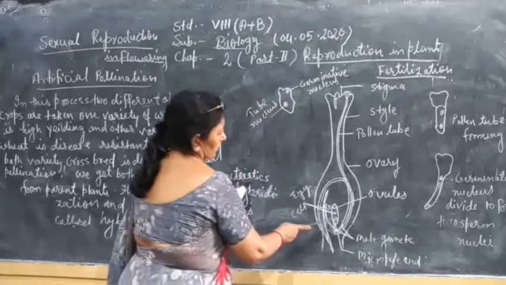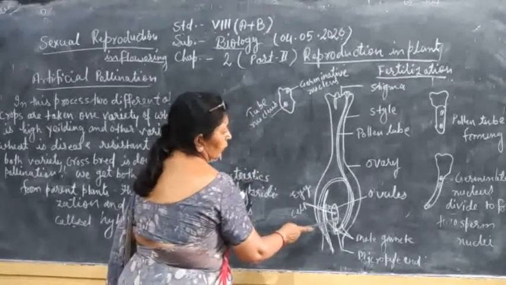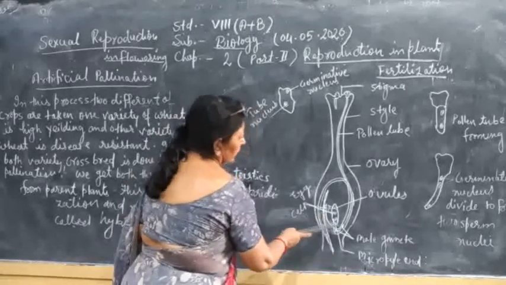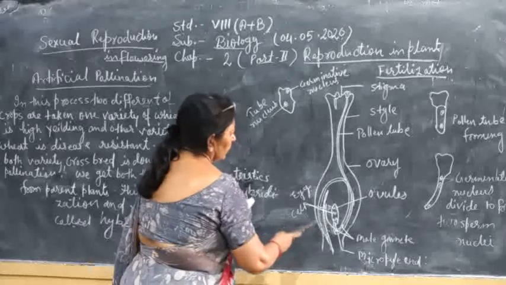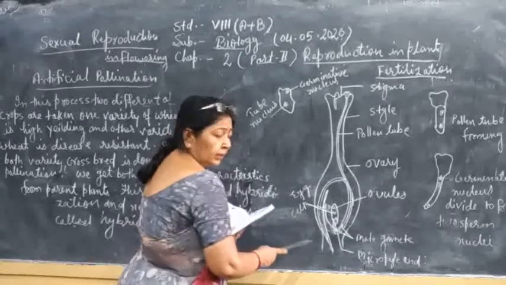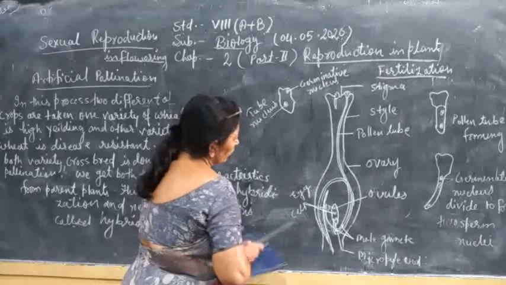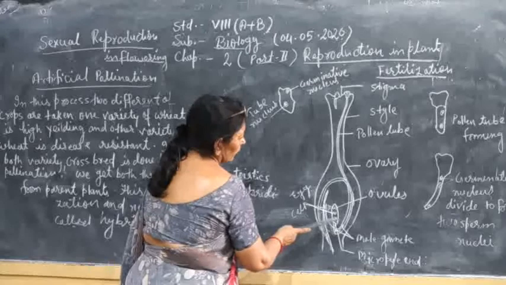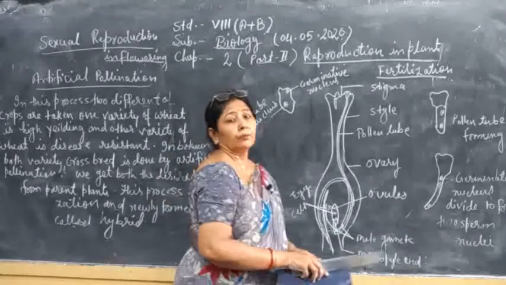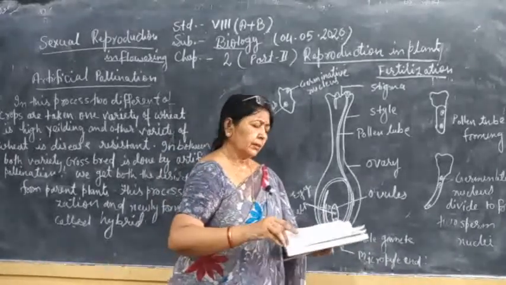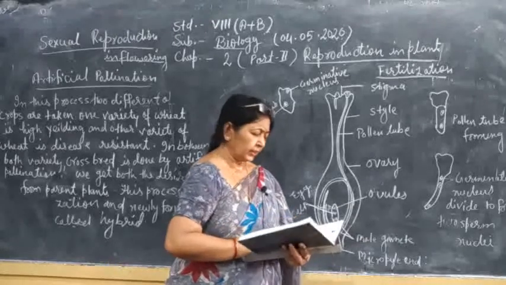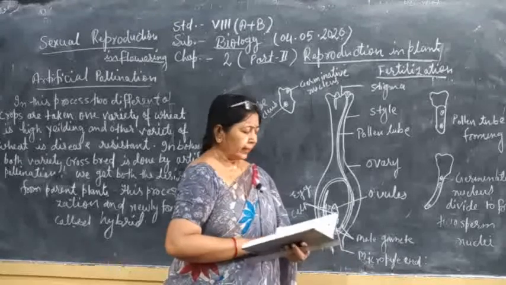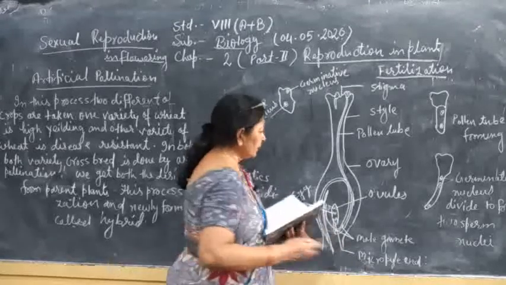When the male nucleus reaches the ovule, the egg cell, the female cell, is present. This male nucleus fuses with the female cell and a zygote is formed. Thus, fertilization takes place.